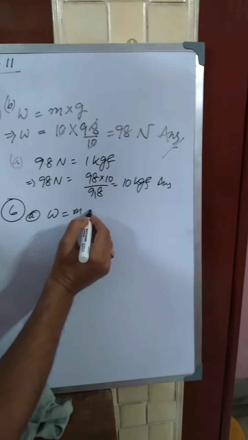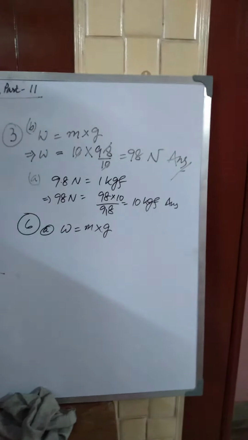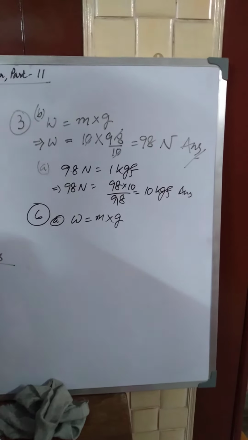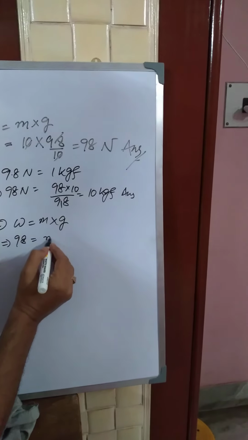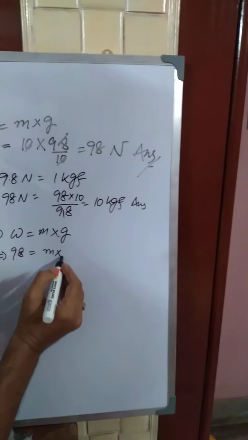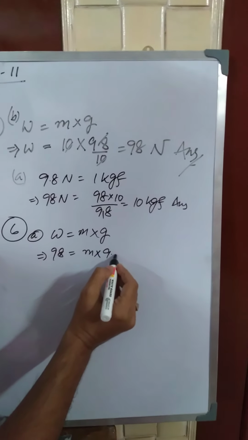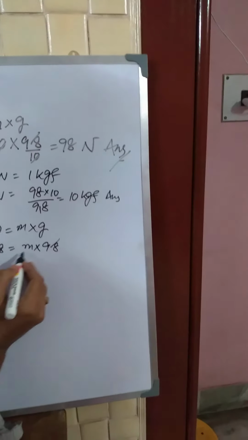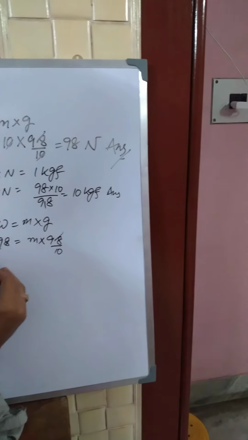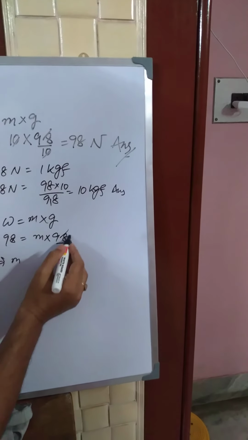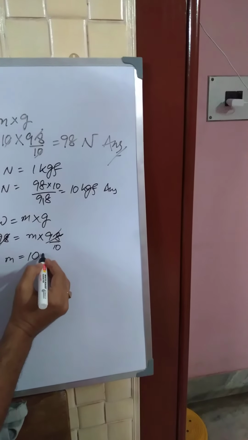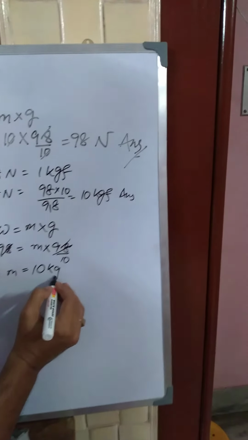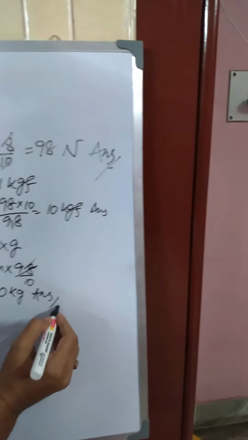W is equal to m into g. The weight of the object on earth is 98 Newton, and g is 9.8 meter per second square. It cancels from each side, so m equals 10. So 10 kg is the mass of the object.